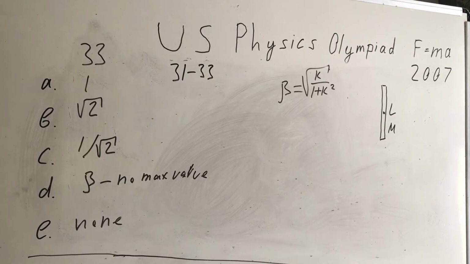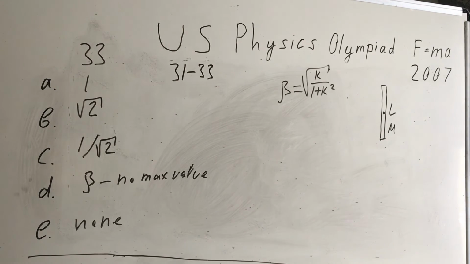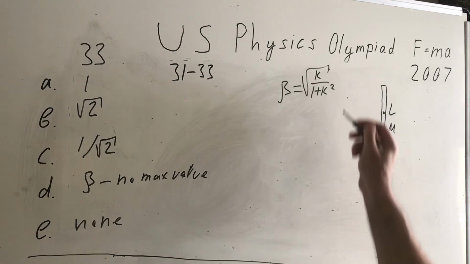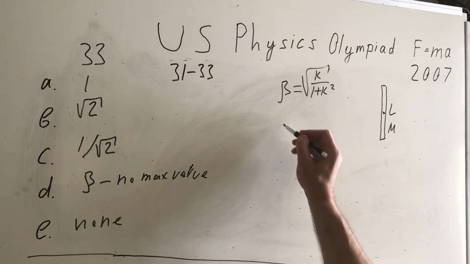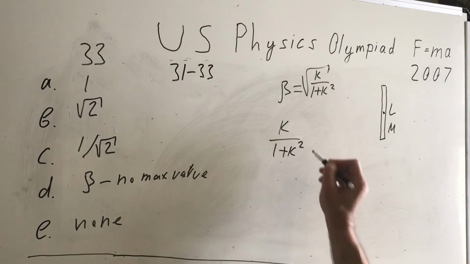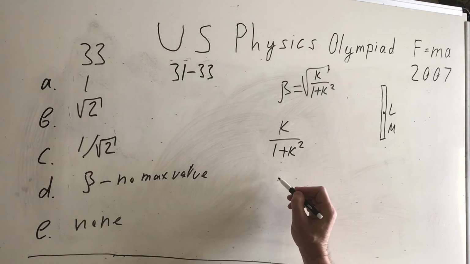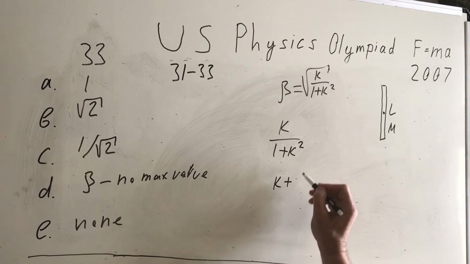Problem number 33. In the previous problem we found the coefficient beta. In this problem we need to find the maximum of this coefficient. To find the maximum for this function, we need to find the maximum for the function k over 1 plus k square, or to solve this faster, we can flip this function and find the minimum.